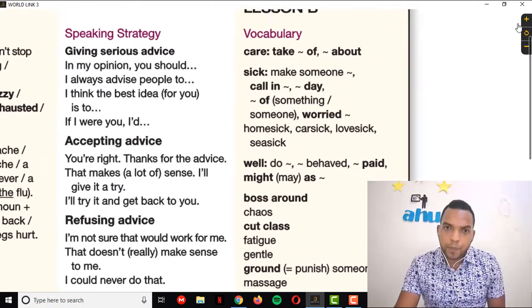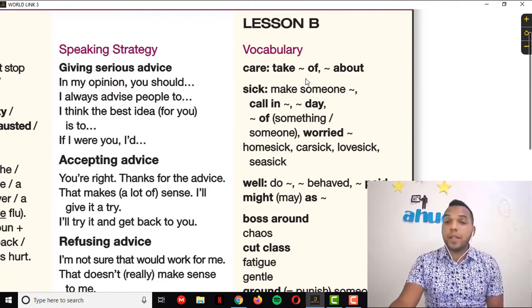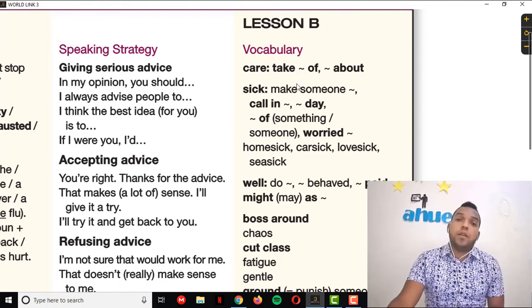So the first one here is take care. Okay. So you have the word care. That means we're going to use take care or take care of, or care about. Take care of is something that you do when you pay a lot of attention to something specific.